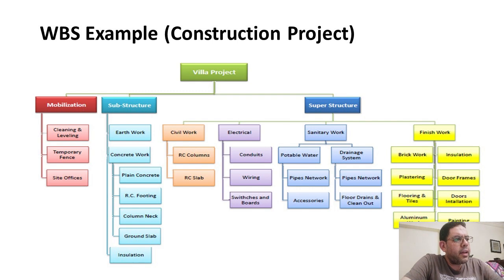Then we have the main structure, which has 3 or 4 parts: civil work, electrical work, sanitary work, then the finishing work. So we notice here that all the scope, and all the main parts, tasks and subtasks, are well known beforehand.